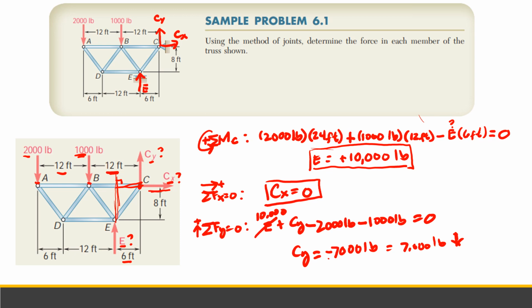Okay? So ito yung answer natin. So we have now solved. So i-change lang natin. So this is going downward. Okay. So we have solved for Cy and Cx and Ce.